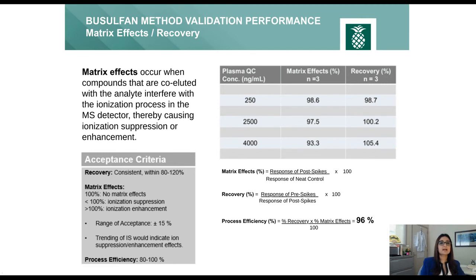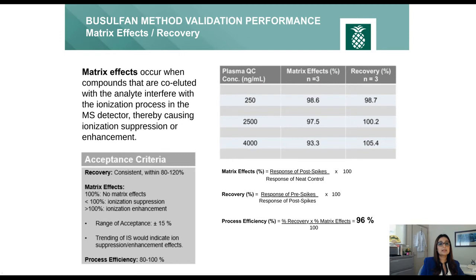Matrix effects and recovery experiments were evaluated at 3 levels of busulfan concentration in plasma. The recovery of busulfan after extraction was more than 98%. We can conclude that the protein precipitation is very efficient for busulfan quantification.